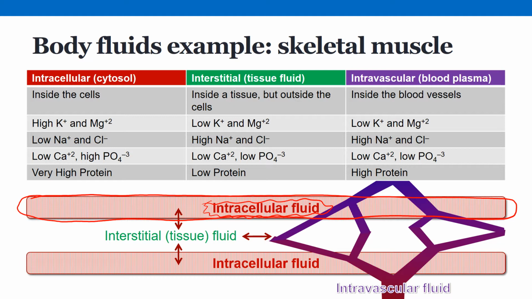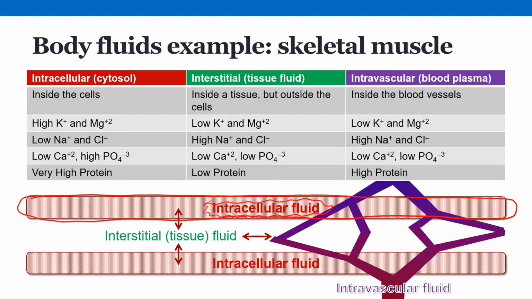It's going to be found inside the cells. It's going to have high potassium, because remember that's necessary for maintaining the membrane potential. And it's going to have a lot of magnesium because that's important for a lot of intracellular functions. At the same time, it's going to have low sodium and low chloride because that's also necessary for maintaining that membrane potential that lets us trigger a skeletal muscle contraction.